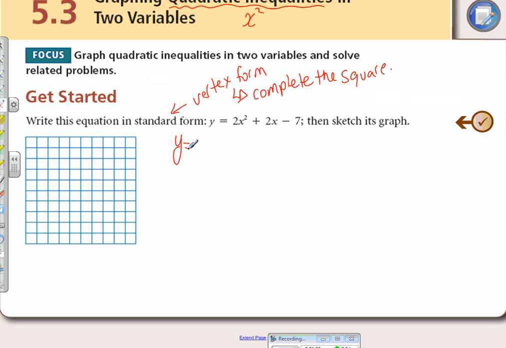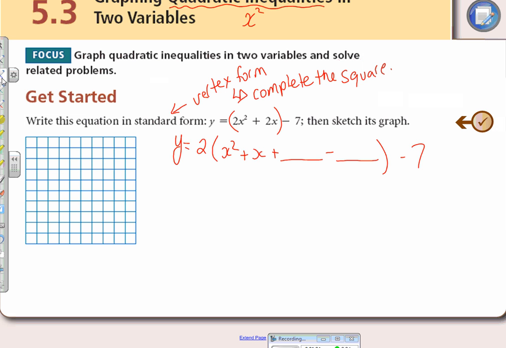Okay, so in order to complete the square, we need to bracket off the first two and factor out your leading coefficient. 2 bracket x squared plus x. Then we're going to have plus something minus 7 on the end. We got to figure out what that something is there.